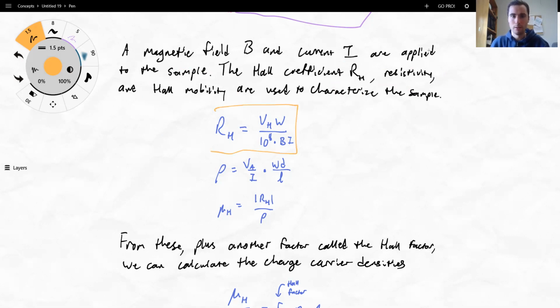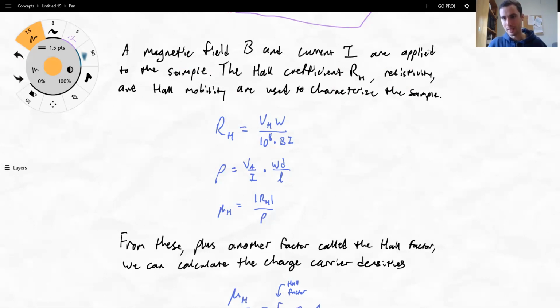And they are measured through these equations here. So the Hall coefficient is measured from the Hall voltage times the width divided by 10 to the 8 times the magnetic field strength times the current. The resistivity is from the applied voltage divided by the current times the width and thickness and the length, all that.